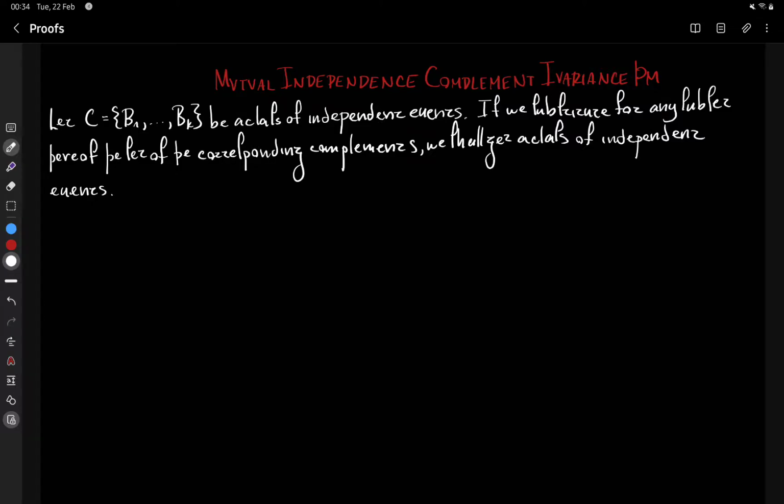The important bit is that they will be mutually independent even after we substitute any number of random events for their complements.